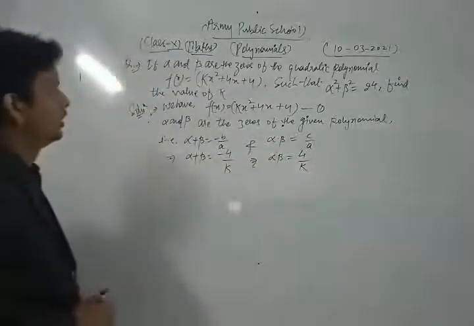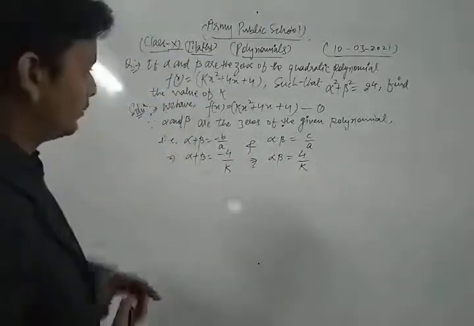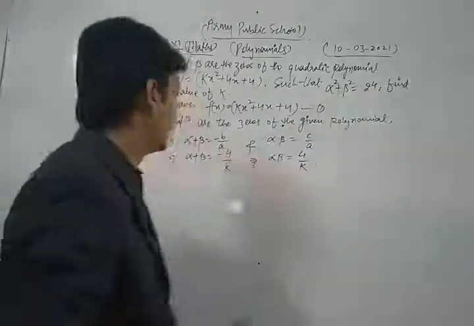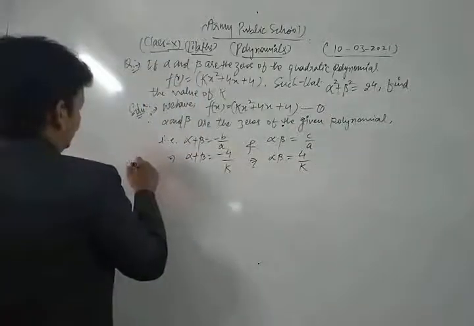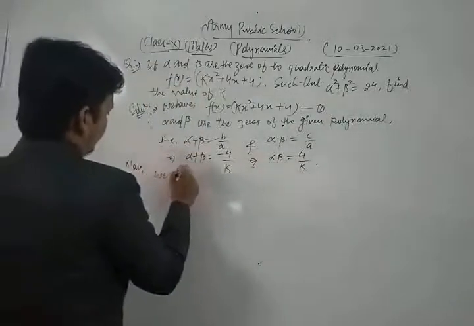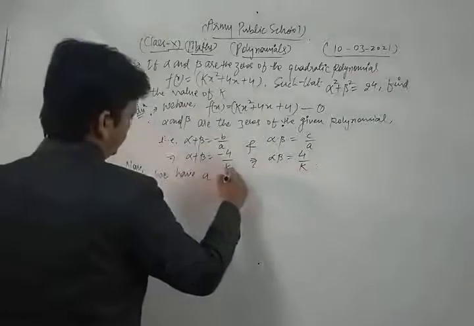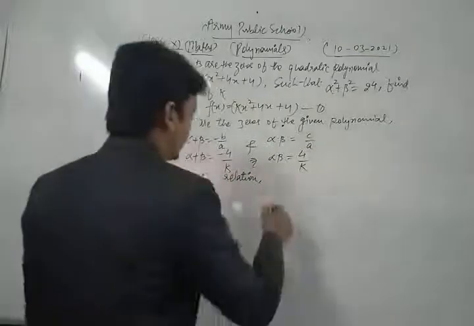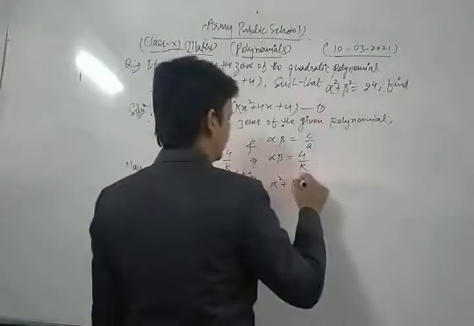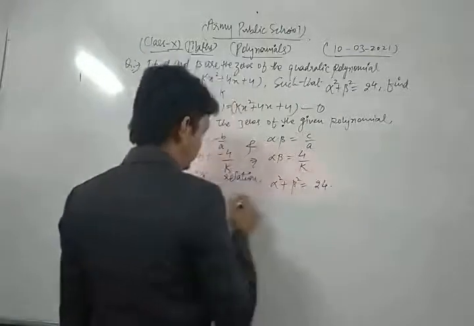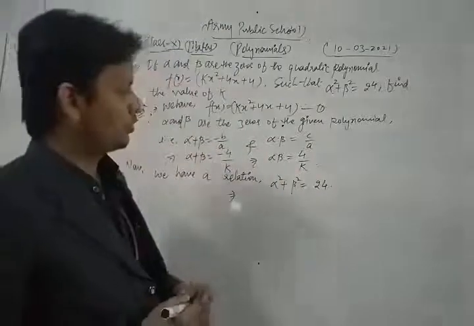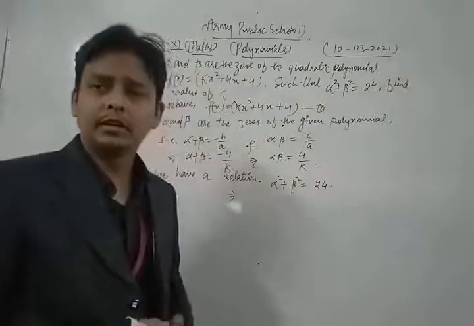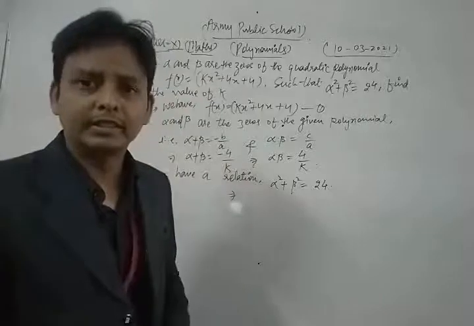Now we have the relation alpha square plus beta square is equal to 24. First of all, we write alpha square plus beta square using the algebraic identity.